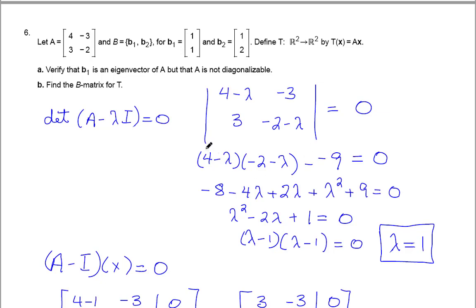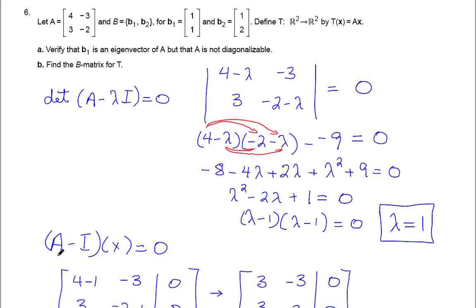All right, so multiplying this process out, I end up with, once it cleans up, lambda squared minus 2 lambda plus 1 is 0, which factors into lambda minus 1 squared, and I get lambda is 1. So I only get one eigenvalue, but that's not terrible because it might have two eigenvectors. But let's see.